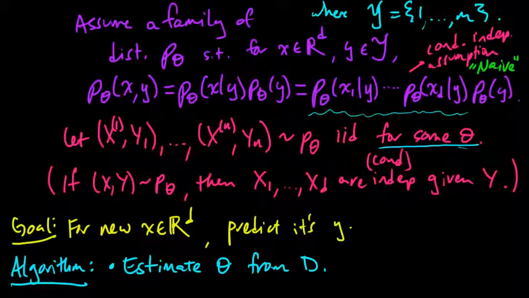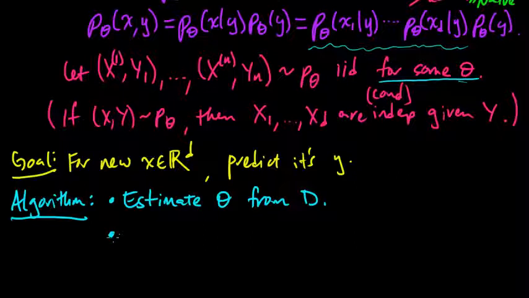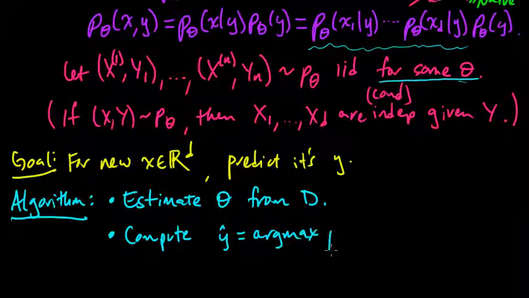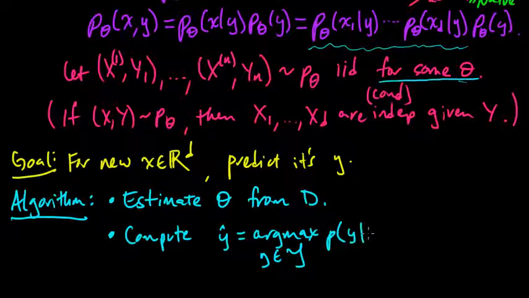And then we will compute y hat, our prediction. We want to maximize the probability. So we want to choose a prediction that maximizes over all possible classes the probability of that class given this new x under our estimated theta.